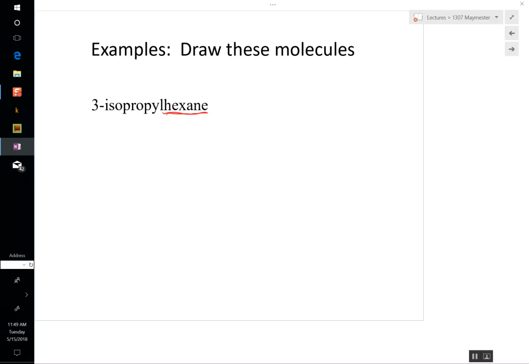Yeah, why don't you draw the structural formula and the line formula? I would start with the structural, if I were you, and then draw the line.